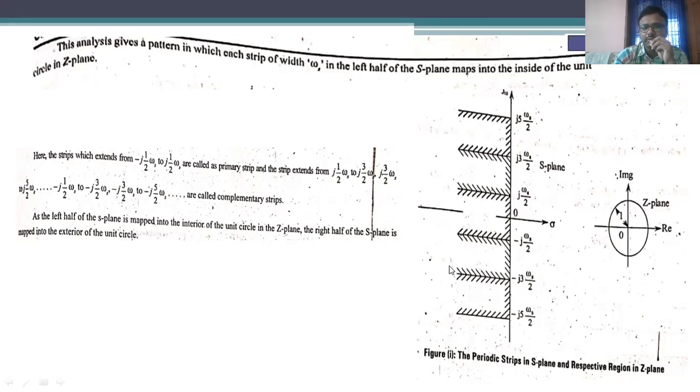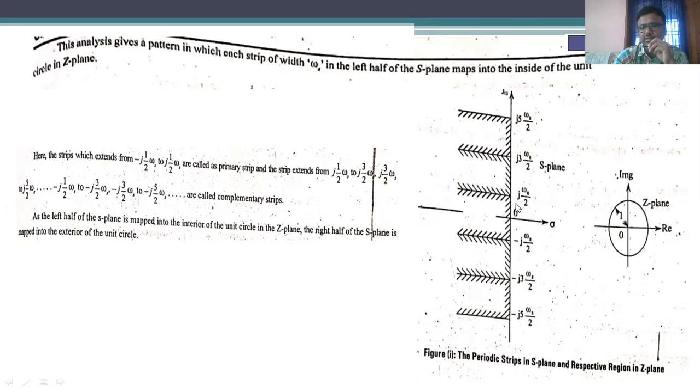Is it clear? While talking about the stability criteria, the left hand side portion of the S plane has to be mapped to the interior part of the unit circle, whereas the right hand side portion of the S plane has to be mapped to the exterior part of the unit circle.